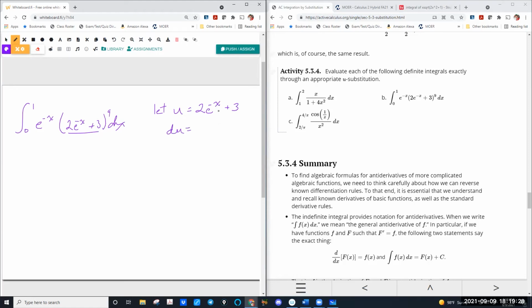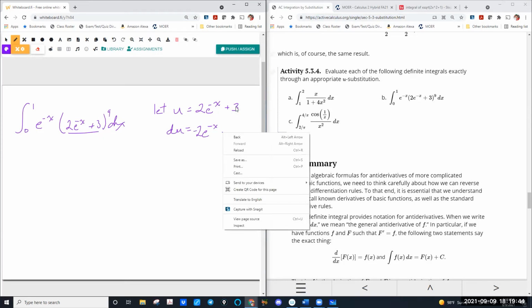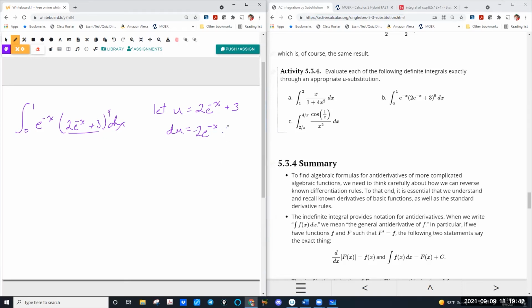Now, the derivative of an exponential is itself times the derivative of the exponent. That comes from our chain rule. So I know the du is 2e to the negative x times the derivative of negative x, which is negative 1. Derivative of 3 by itself is just 0. So I can put the dx on. Let's clean that up a little.